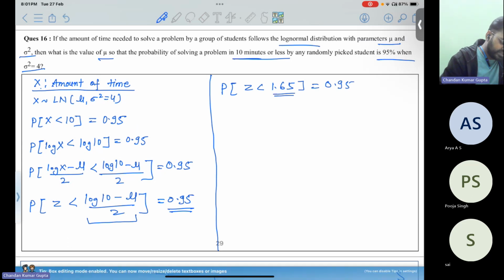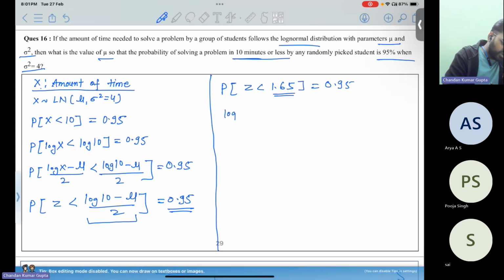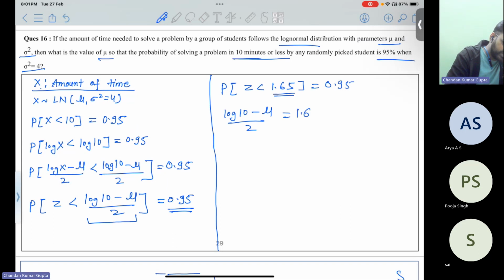That is the value of Z. This quantity is 1.65, so compare these two. That is, log of 10 minus mu upon 2 equals 1.65. And this implies mu equals like... any question?